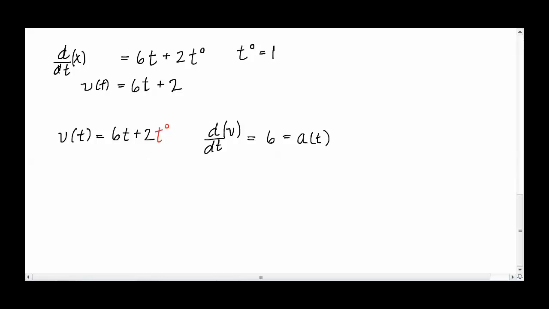So that truly would be a constant acceleration because it doesn't have a time in there, but that's how we can solve for it. Let's do another one.